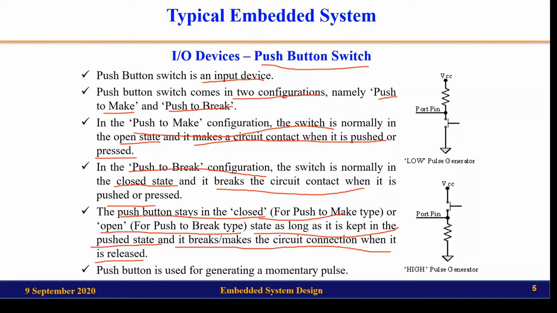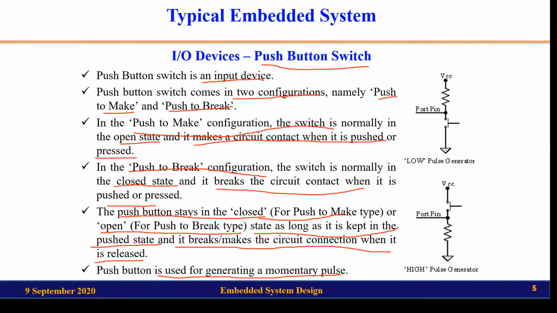Whenever an indication is to be given, we just need to press this button, and that will send the signal to the microcontroller, like to turn on the device. Suppose when we need to turn on a device, you just need to push the button. That is nothing but the power button. Generally we use the power button for turning on any device, and pushing that button will send a momentary pulse to turn on the device.